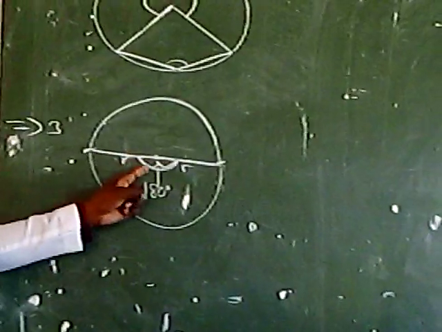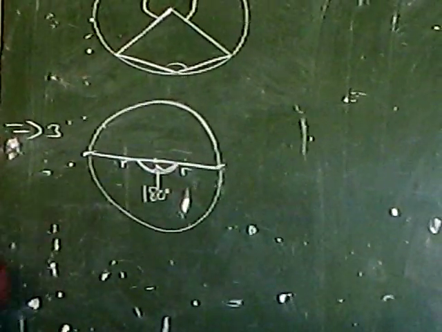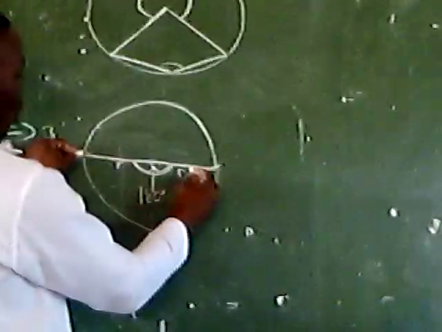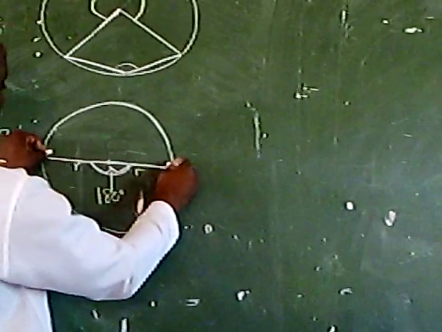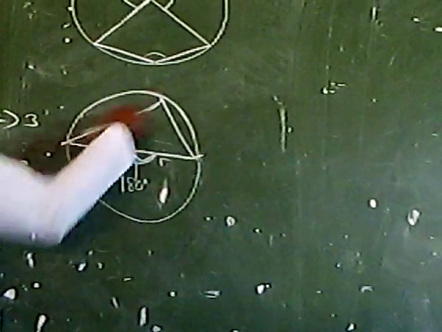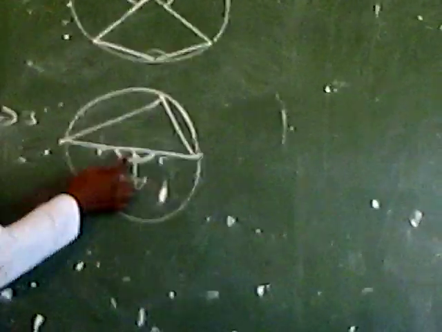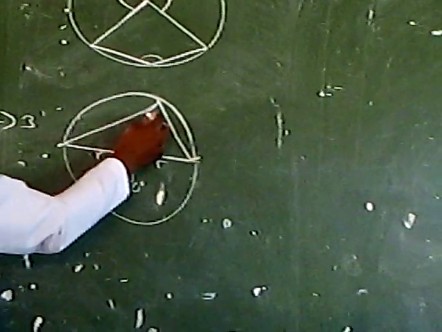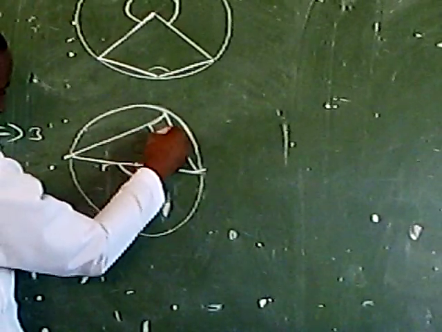Now, this angle at the center will be twice the angle that will be produced inside this sector or semicircle. Check it out. So you see that this angle will be half of this particular angle, and ultimately this will be 90 degrees.